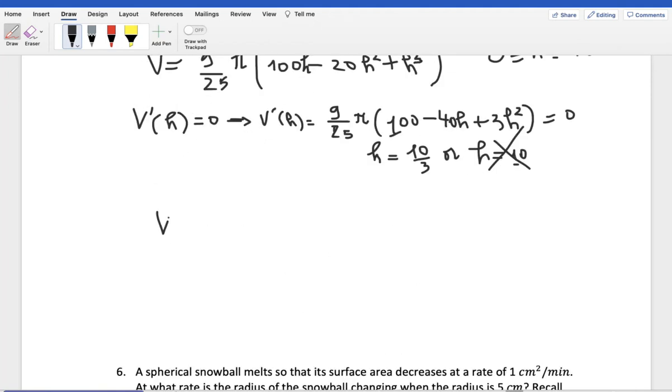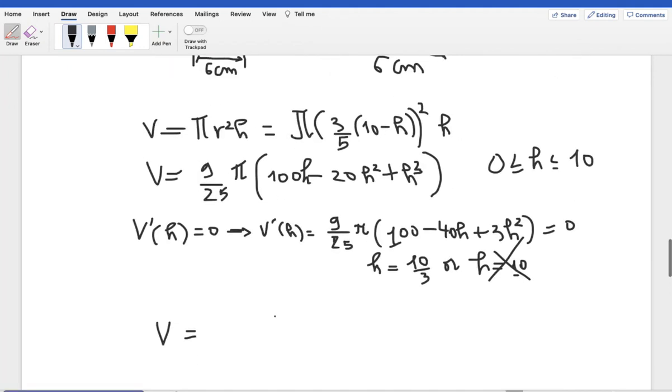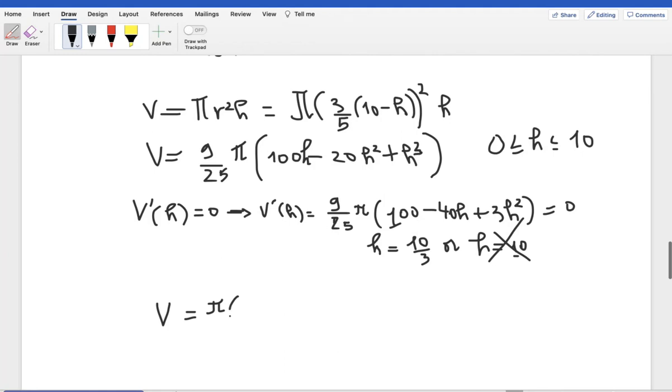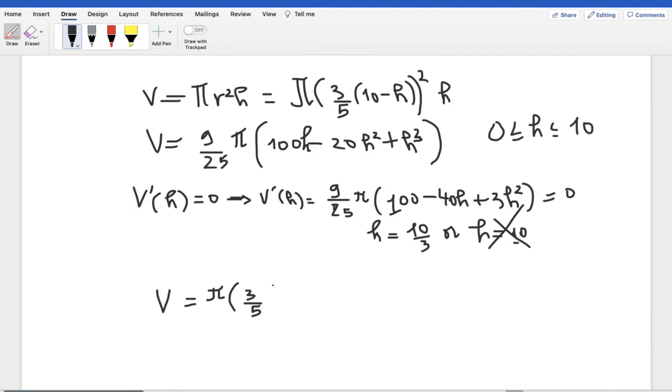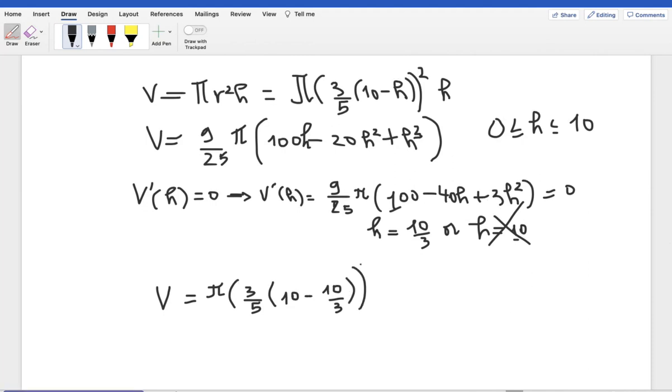So we have that v is equal to pi multiplied by 3 over 5 multiplied by 10 minus the height, which is 10 over 3, all squared, multiplied by 10 over 3, which is the height.